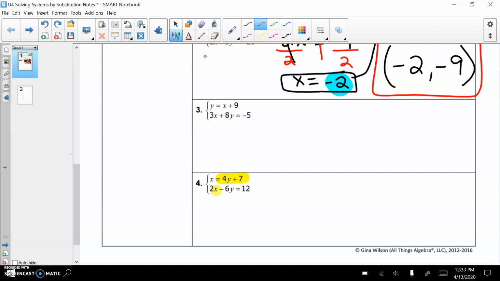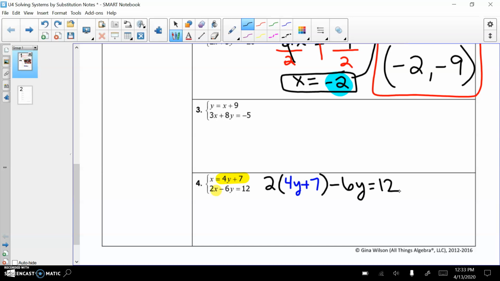So in this case, we have our 2, and then we have our x. I'm going to plug in the 4y plus 7, and then you're just going to rewrite the rest of the equation. The rest of the equation was 6y equals 12. So now you just need to solve it.